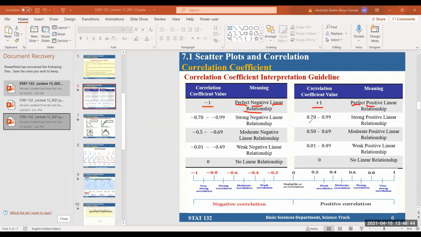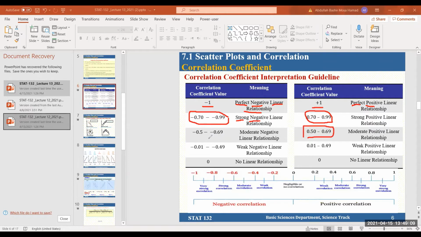If it is between 0.7 and 0.9, then it is a strong positive relationship. On the other side, if it is between minus 0.7 and minus 0.99, it is a strong negative linear relationship. Between 0.5 and 0.69, it is a moderate positive linear relation.